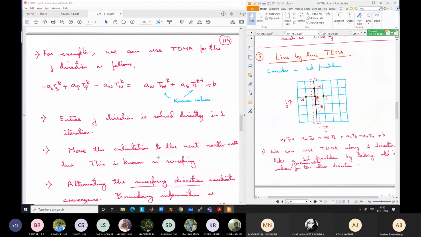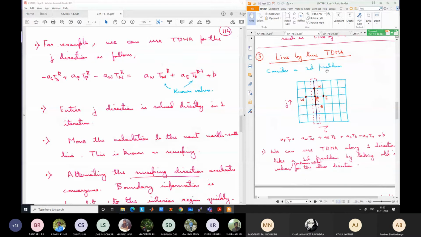By doing this, instead of going point by point, say if this grid was large, 100 by 100 points, so 10,000 points, we will have each TDMA with 100 unknowns, which can be solved directly and very quickly. And you proceed to the next line, so you will have to repeat the TDMA 100 times to cover one iteration.